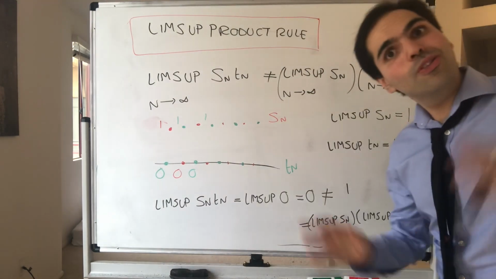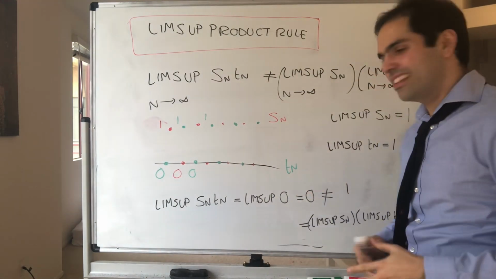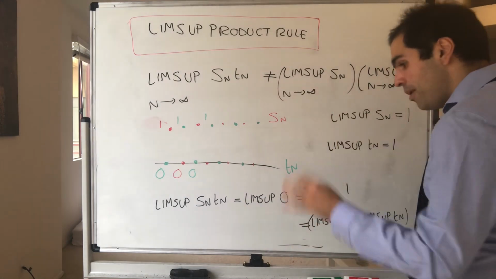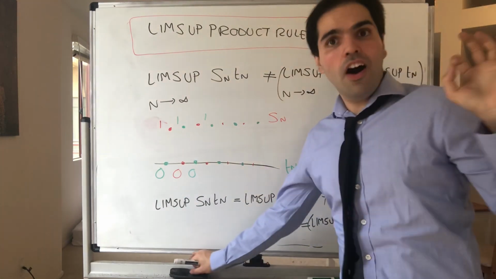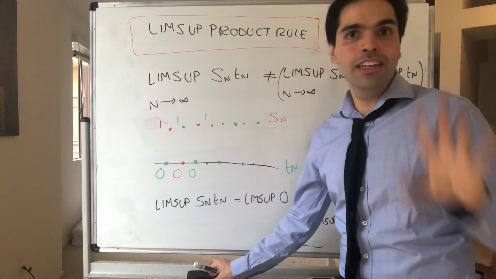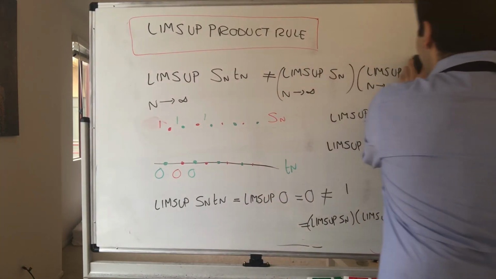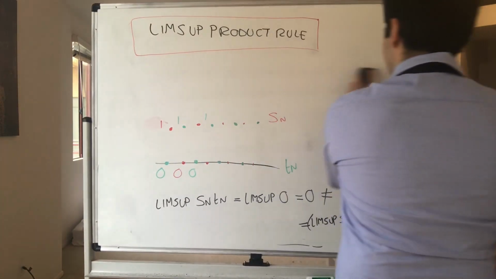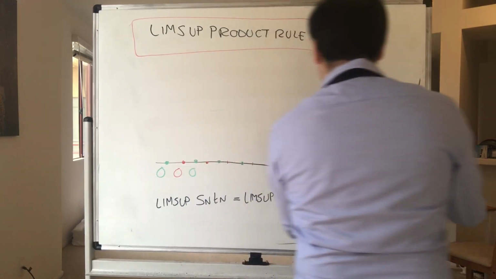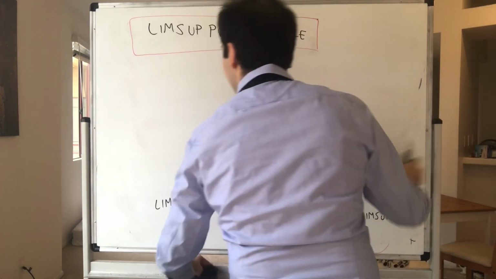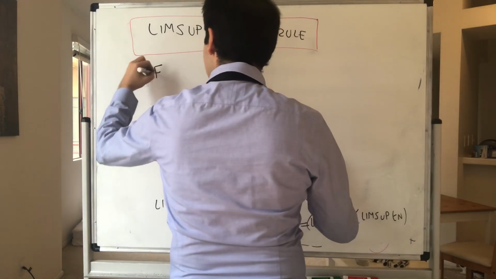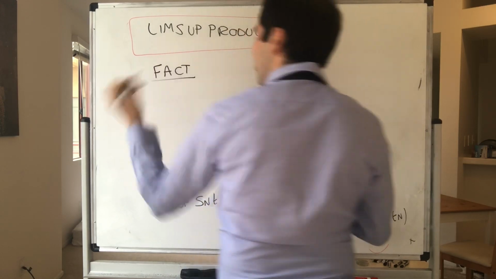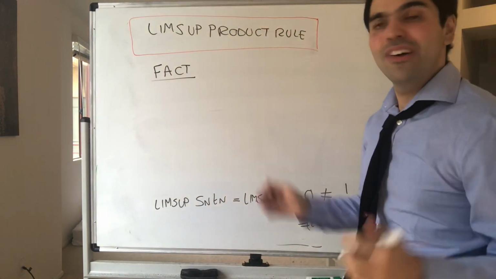So in general, the product of Limsups is not the Limsup of the product, but I want to show you that under a very mild assumption, this is actually true. So the fact, namely, if one of them converges, then it turns out this is true.